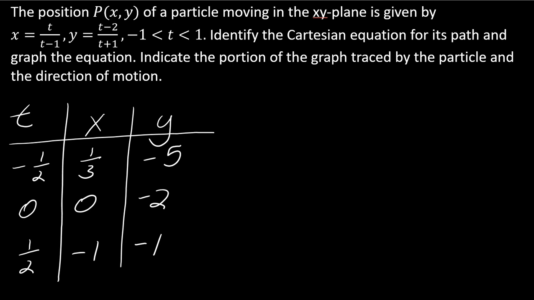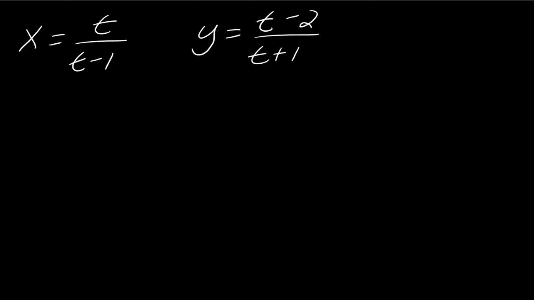And now for the tough part of getting that Cartesian equation. Okay, so in this case, let's make a little space. Now we have to think of how I am going to relate one equation to another. I think where I'll start is I am going to try to solve for t in this equation here.